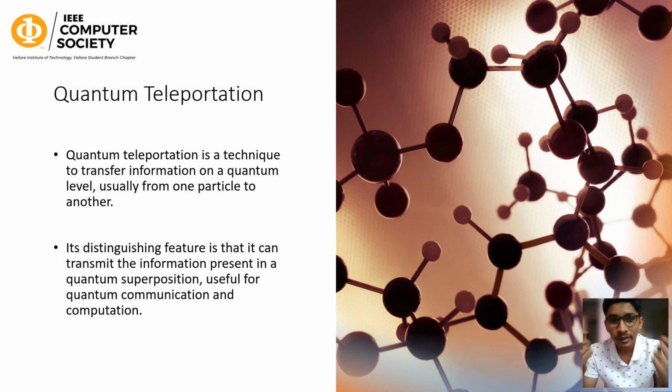It's a technique to transfer information from one quantum level to another, from one particle to another. Similarly, a distinguishing feature is that it can transmit the information present in quantum superposition, useful for the quantum communication that I already mentioned. So that's why this information is traveling much faster than the speed of light.